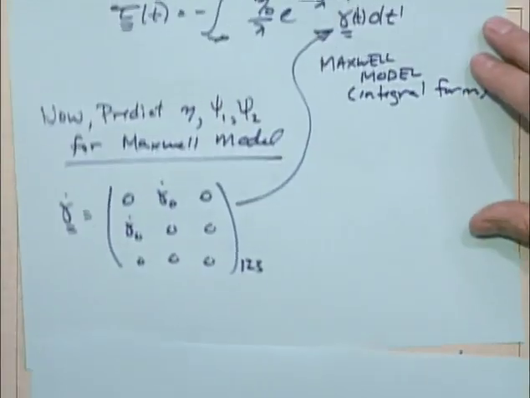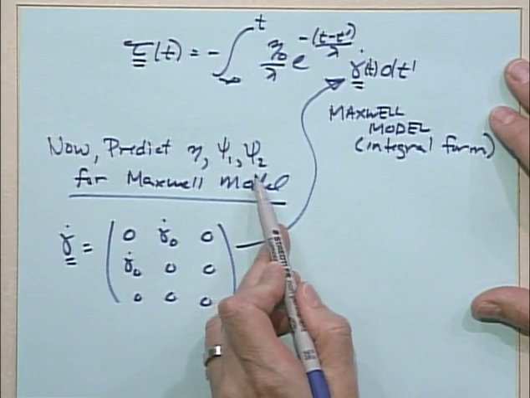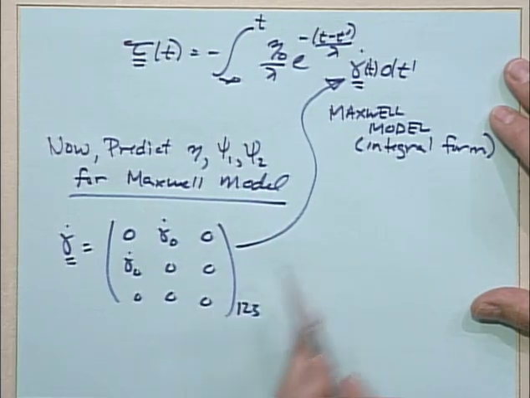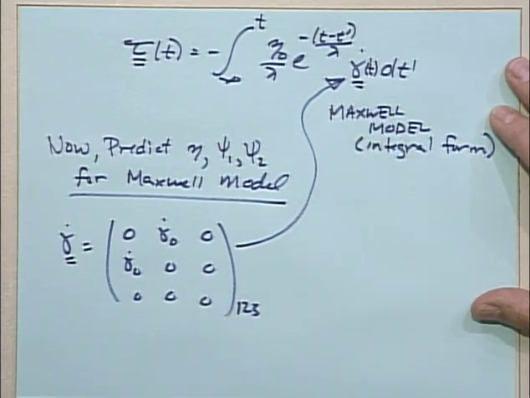So for starters, psi 1 and psi 2 are still 0. Still our boring friend 0, because they're going to have to do with the components along the diagonal, and it's still multiplied by gamma dot, this tensor, and so they're going to be 0.